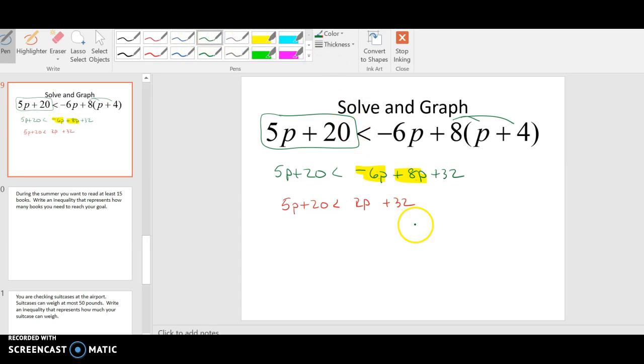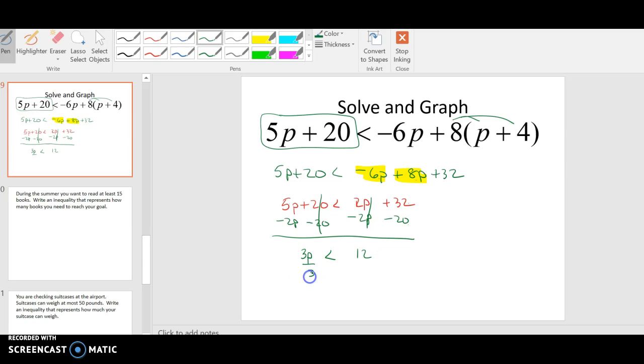Now that the left and right side are simplified, move all my variables to the left by subtracting 2p, all the constants to the right, and 5p minus 2p is 3p, is less than 32 minus 20 is 12.